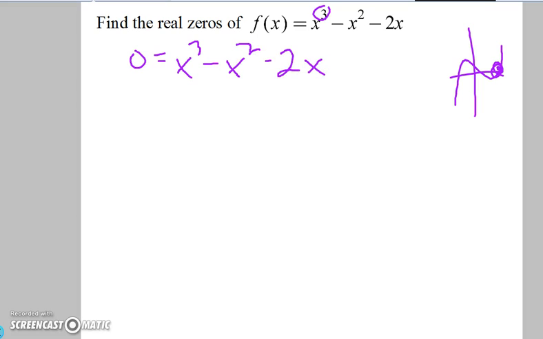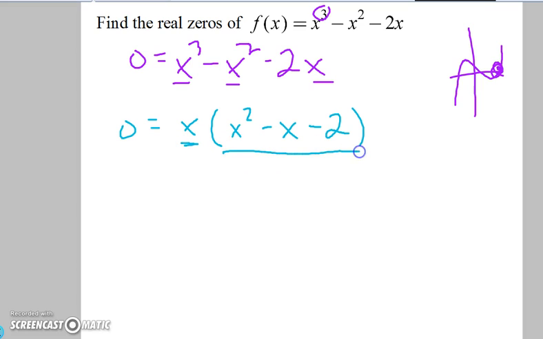And to solve this, the first thing I'm going to do is I'm going to try to factor it. And I see that these all have a common factor of 1x. So I'm going to pull that 1x out. So I have 0 equals x times x squared minus x minus 2. So this is one factor, this is the other factor, and I can factor this again and turn it into a product of two binomials.